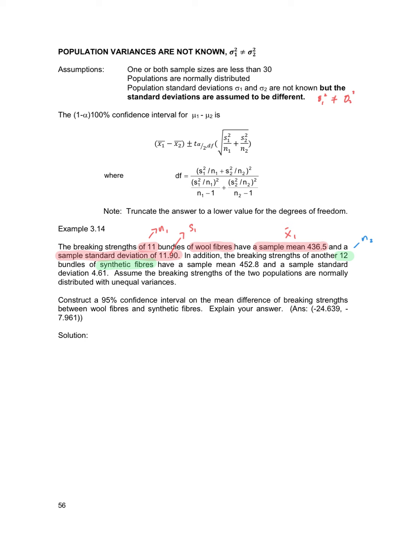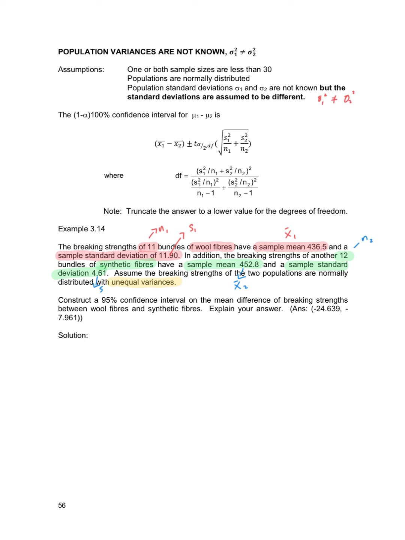Their sample mean is 452.8, this is x bar 2, and the sample standard deviation is 4.61, this is our S2. The other important information here is that we are told the variances are unequal.